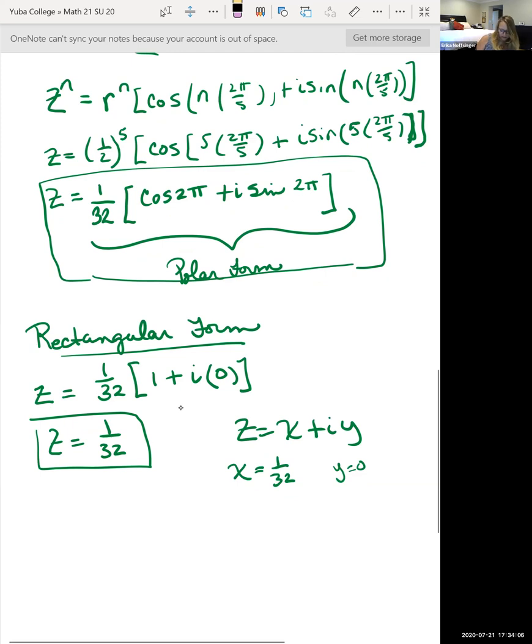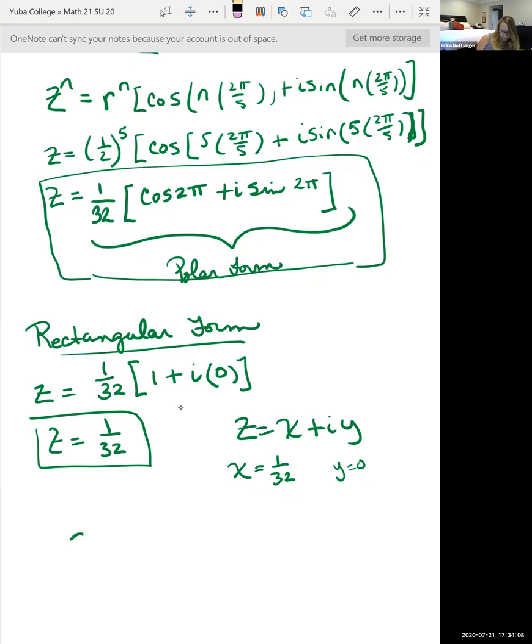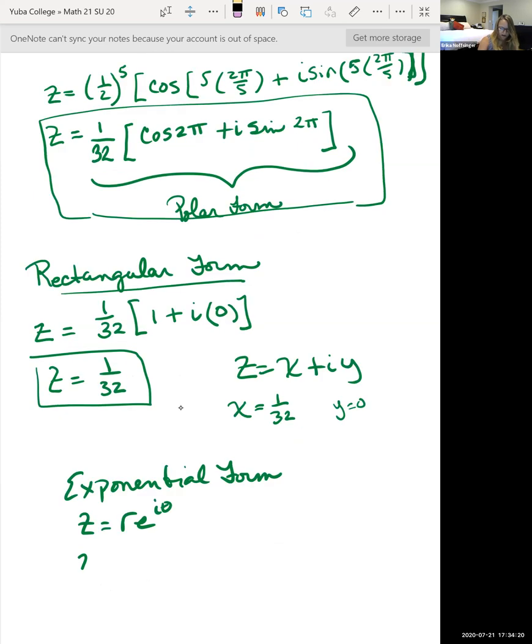But in exponential form, it is equal to r e to the i theta. Our r value, after we took the 5th power, was 1 over 32. e to the i, and our theta value is 2 pi.